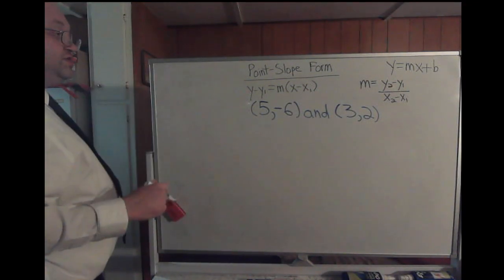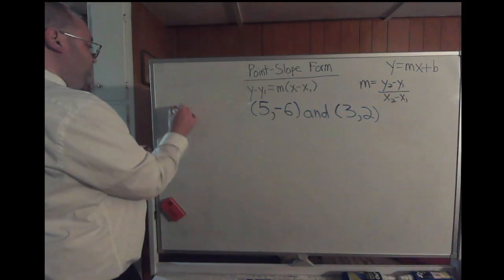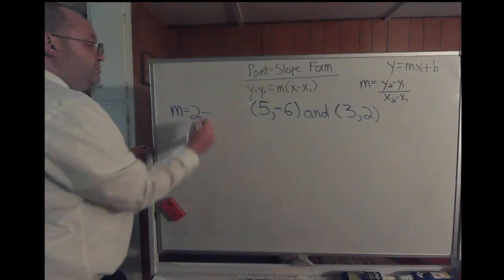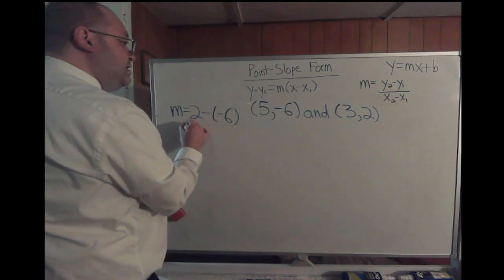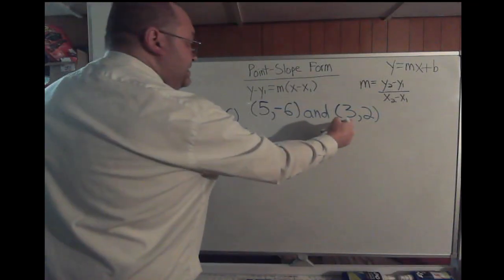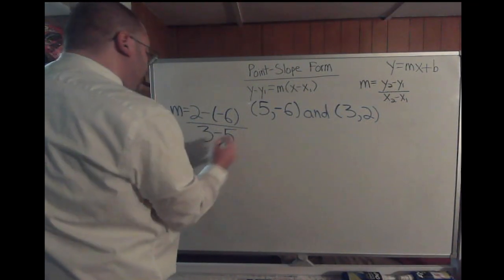Once again, find your slope. I'll make y2 that 2. So the slope will be equal to 2 minus the y1 of negative 6 over the x2, which will be 3 minus the x1 of 5.